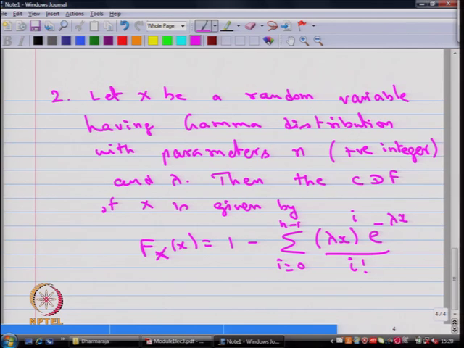So, whenever X is a gamma distribution with the parameters n and lambda, then the CDF can be written in this form.